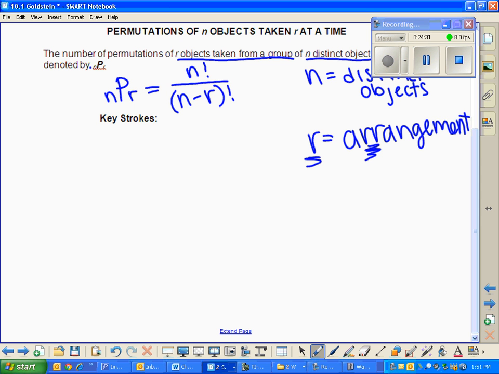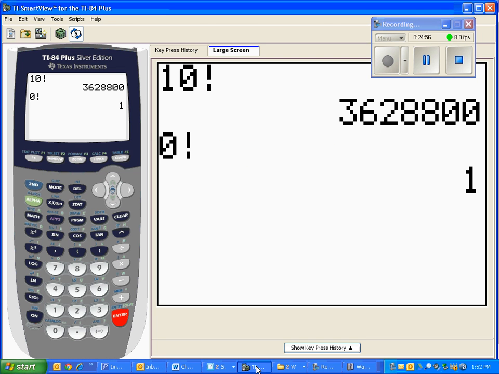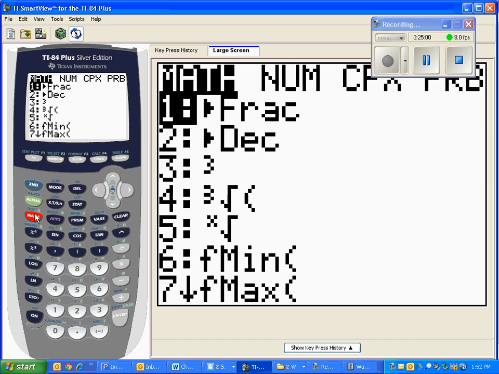The keystrokes to utilize this on your calculator would be math again, then probability again, and number 2. I'll just use my sticky note example: 5 sticky notes.